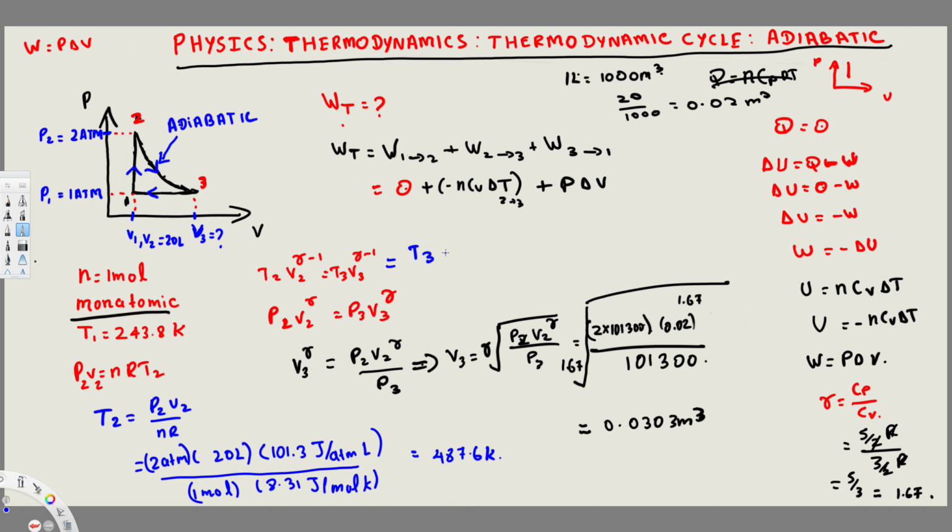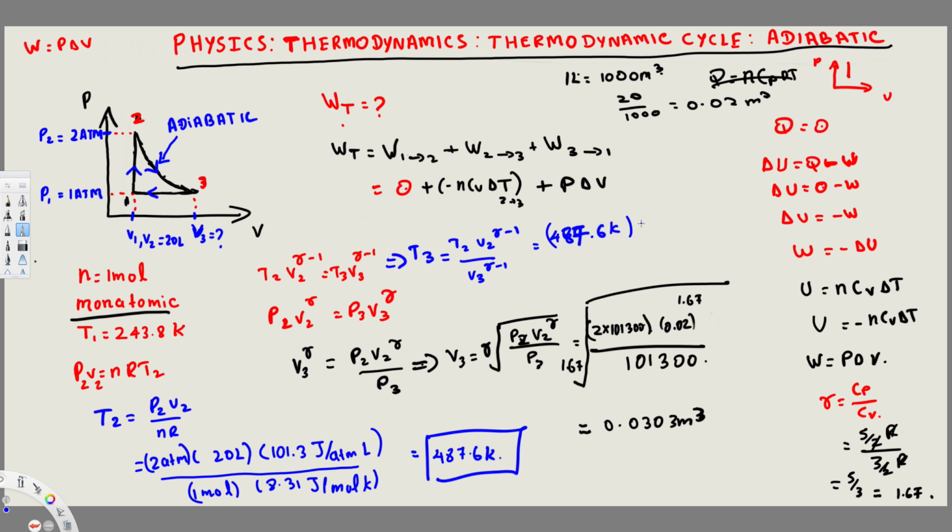This is going to be T3 equal to T2 V2 power gamma minus 1 over V3 power gamma minus 1. We know the T2. Did we calculate that one already? It's right here. Yeah, that's 487.6 Kelvin times V2 power gamma minus 1, which is 1.67 minus 1, so there's going to be 0.67.